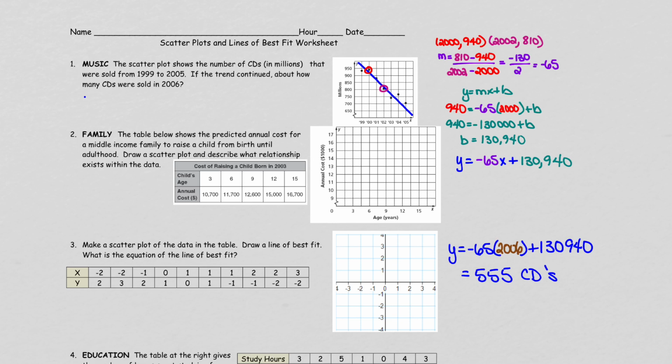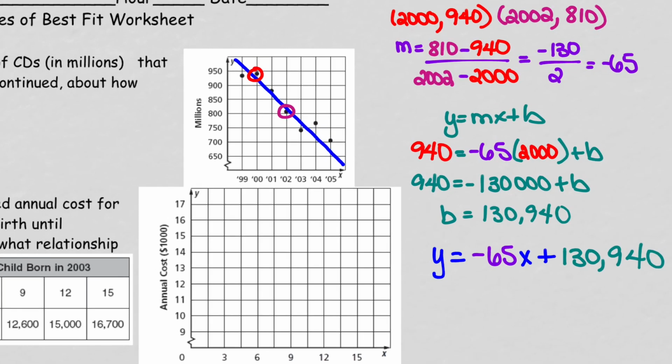So our answer here would be 550 CDs if we used my equation. If we use the graph for 2006, which would be right here, that looks like it'd be pretty close to 550.